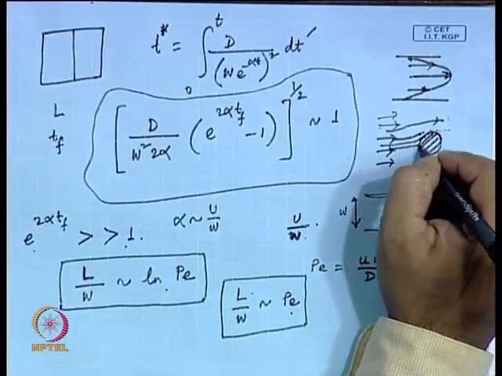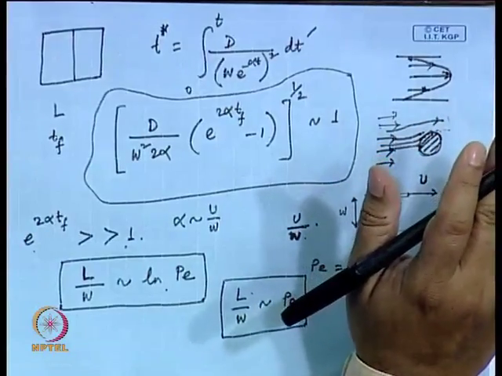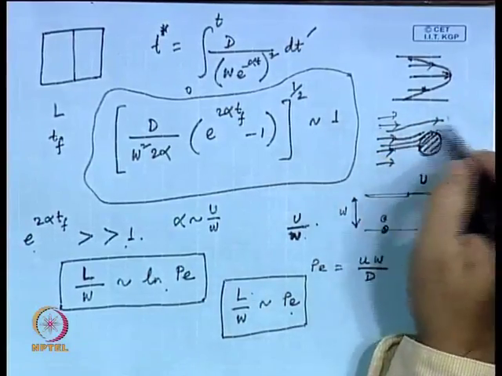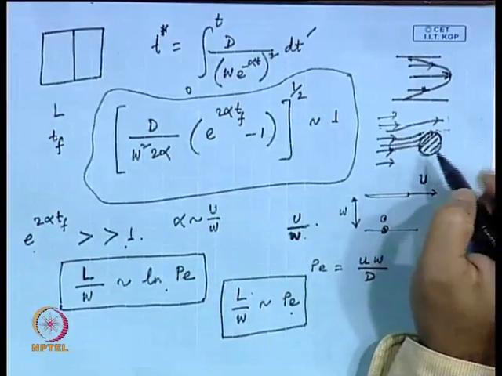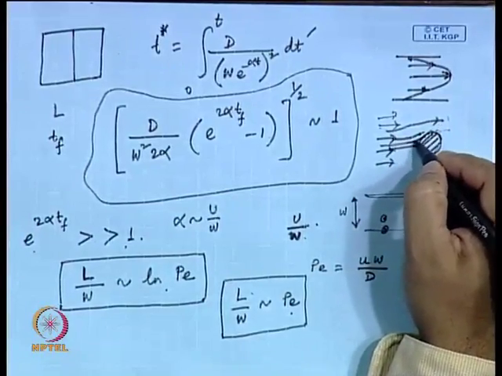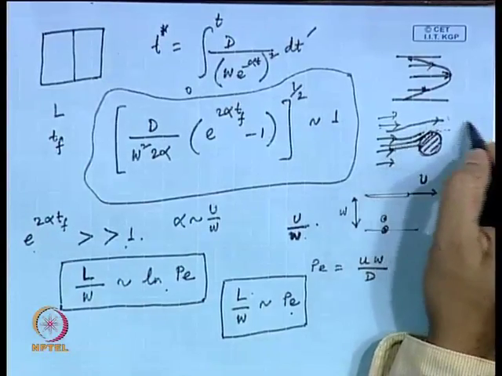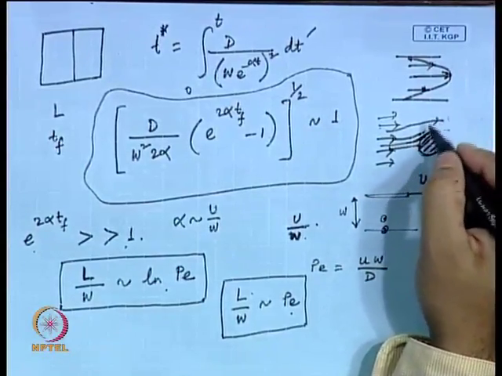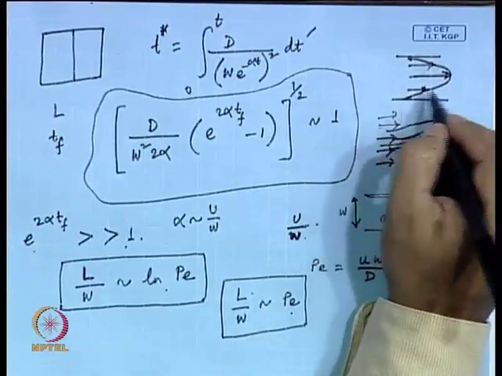Just by putting this pillar, you are inducing a velocity gradient. So, it is not coming out en masse; rather, the layer next to the wall comes much later, whereas the other layer comes fast.